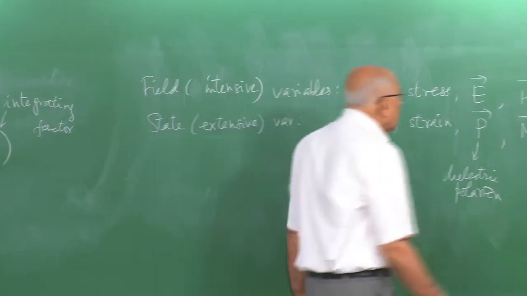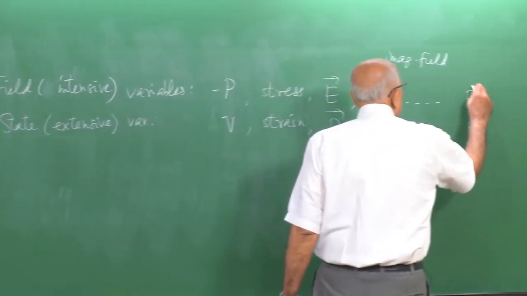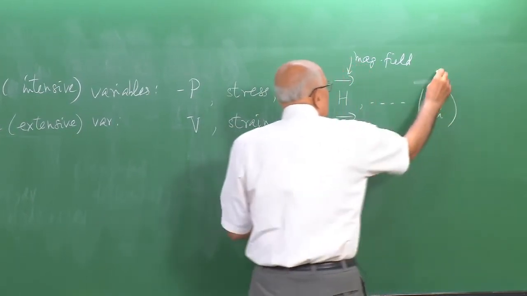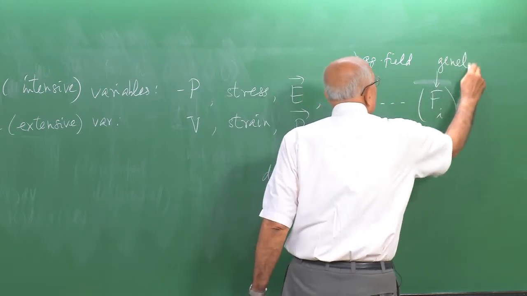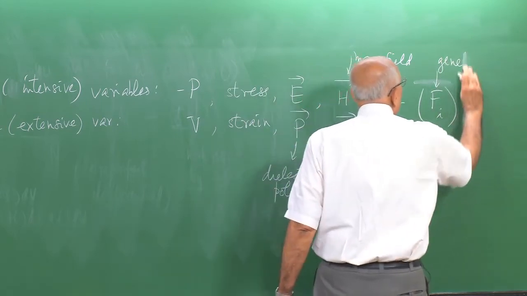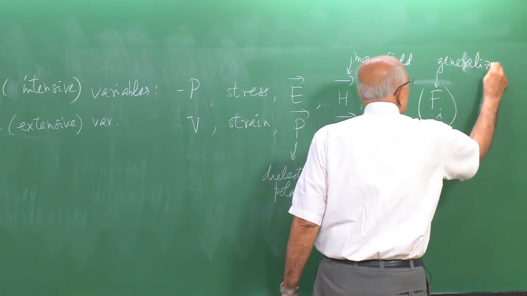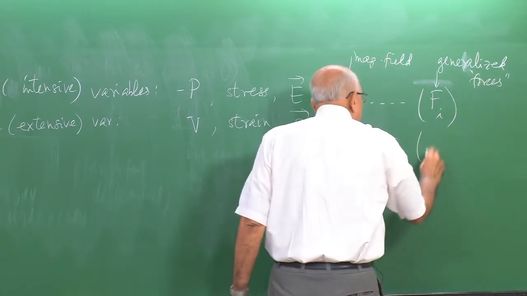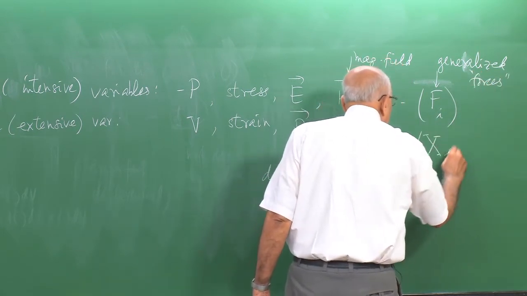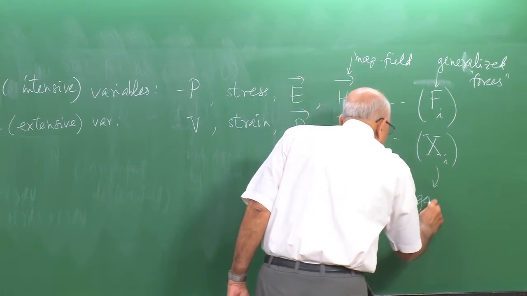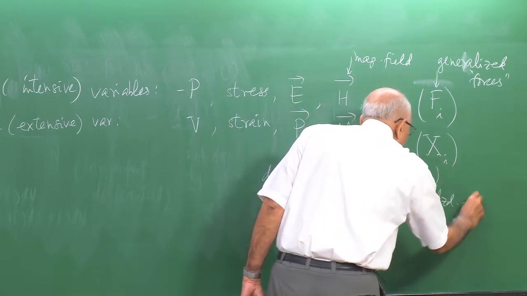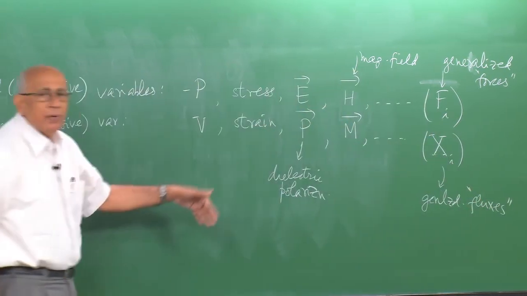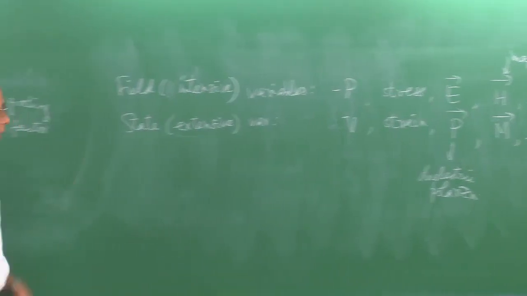So, in general, one could call these some generalized forces F. Let us call them generalized forces, and these variables, let us denote these by x sub i, are called generalized fluxes. So, you have forces and fluxes, or stimuli and responses in general.